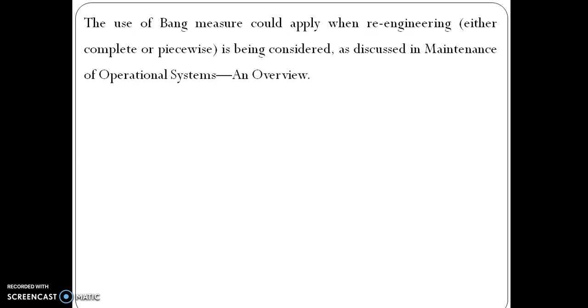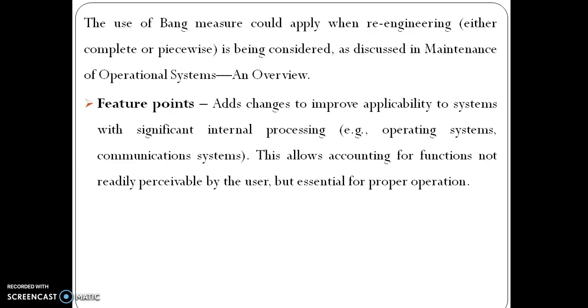The use of bang measure could apply when re-engineering is being considered, as discussed in maintenance of operational system. Feature points add changes to improve applicability to systems with significant internal processing, for example operating systems and communication systems.